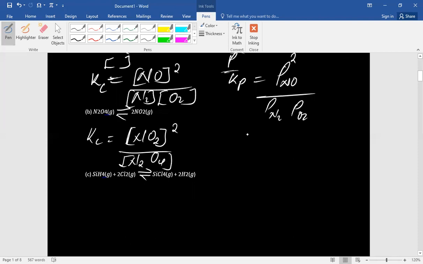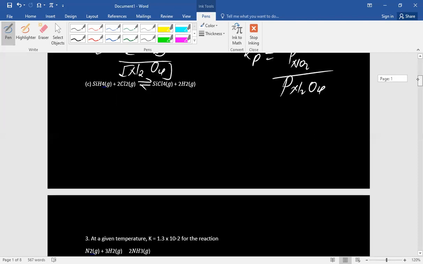And our Kp here is going to be the partial pressure of nitrogen dioxide squared over the partial pressure of dinitrogen tetroxide. It's that simple. Your pen or pencil, whatever you're using, just goes through smoothly. Don't take school hard. School is easy.